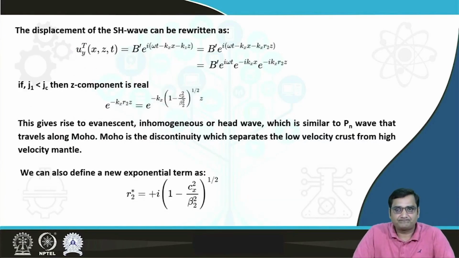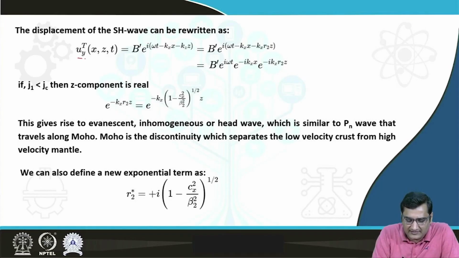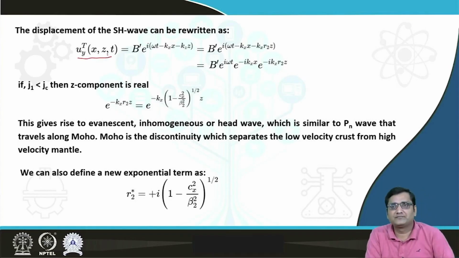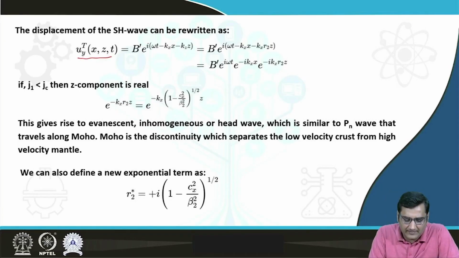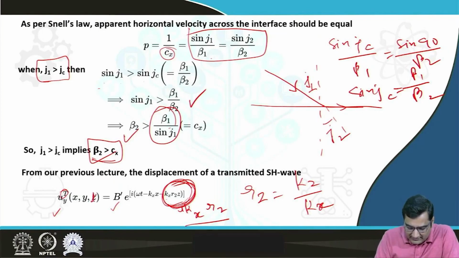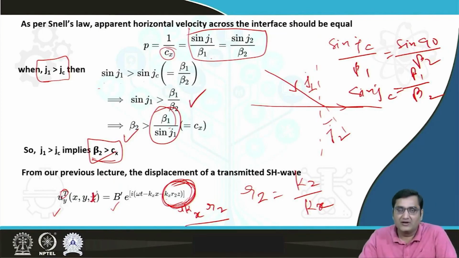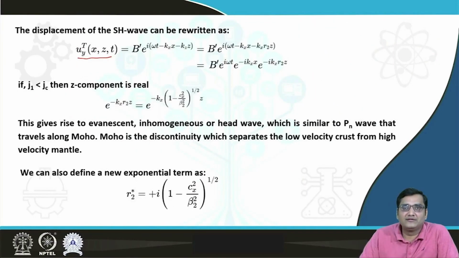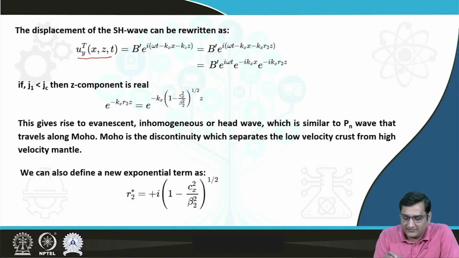Now, if you rewrite the displacement of the SH wave, this is the displacement of the SH wave, u(x, z, t). I am sorry, this should actually be t here: u(x, y, t). When you rewrite it, what will you get?